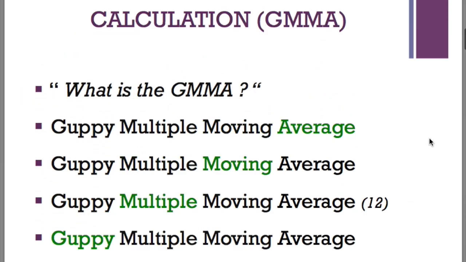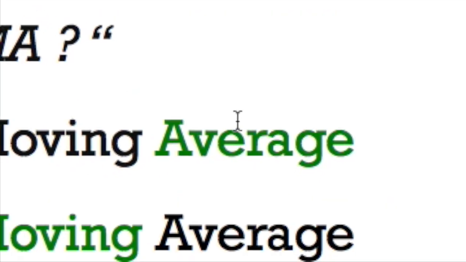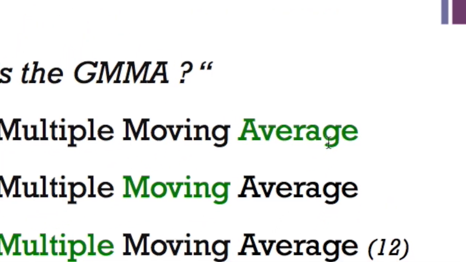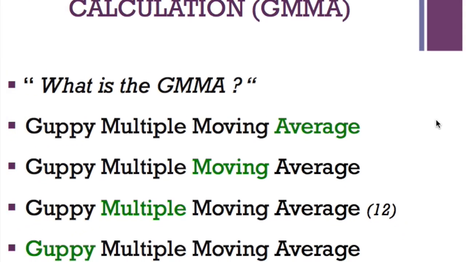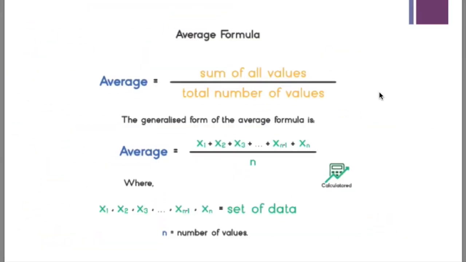The calculation of the Guppy Multiple Moving Average, or in other words, what is the Guppy Multiple Moving Average? That's the first thing I want to explain to you. It's an average. What is an average? We all know what an average is. I think the average is the sum of all values divided by the total number of values.